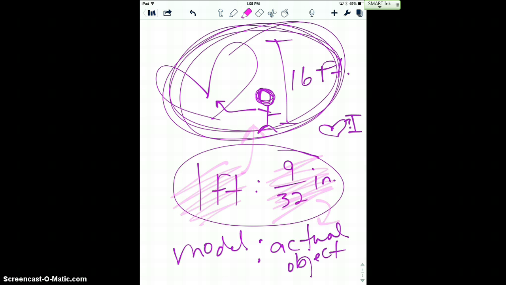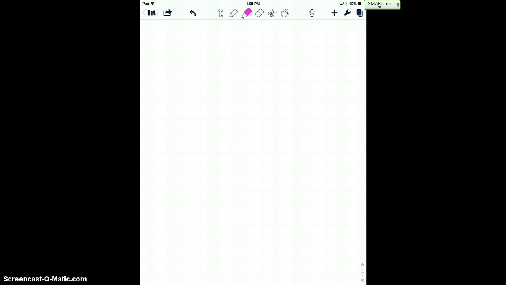So I'm going to set up a proportion here to help me figure this out. So I know for every 1 foot on the model that the original heart is 9/32 of an inch.